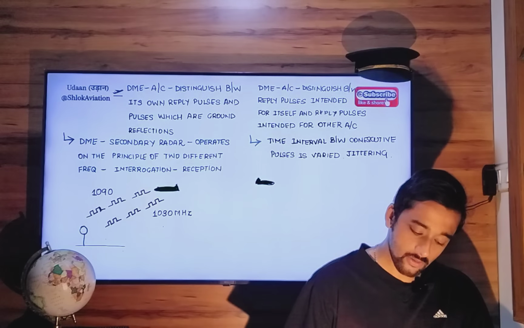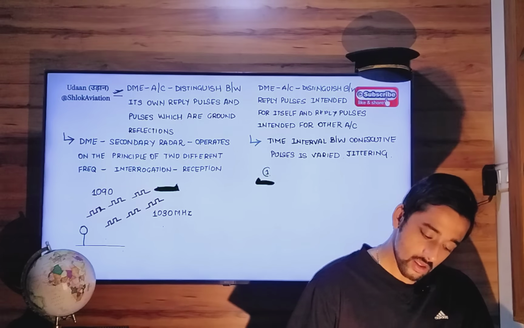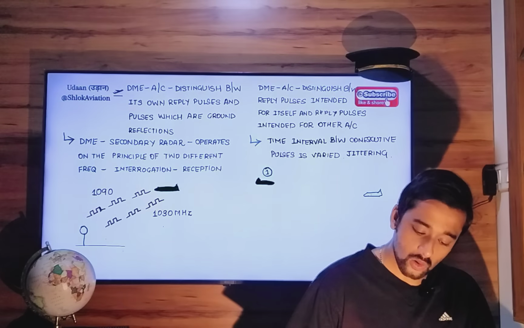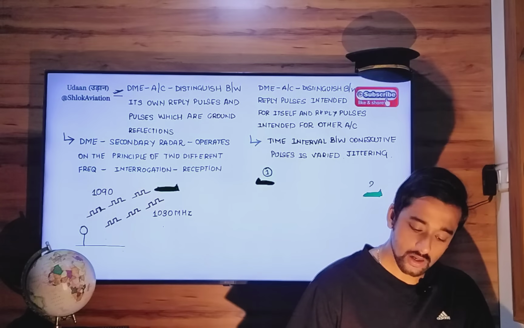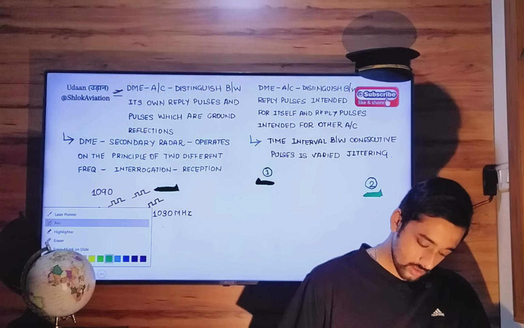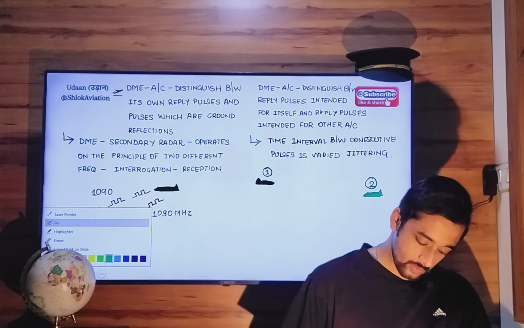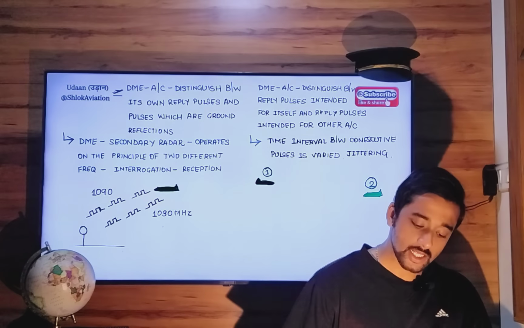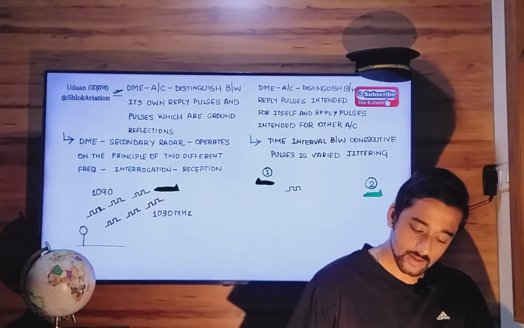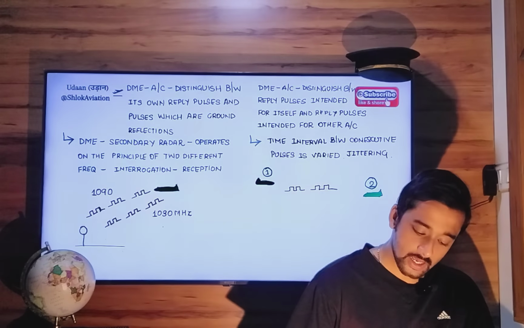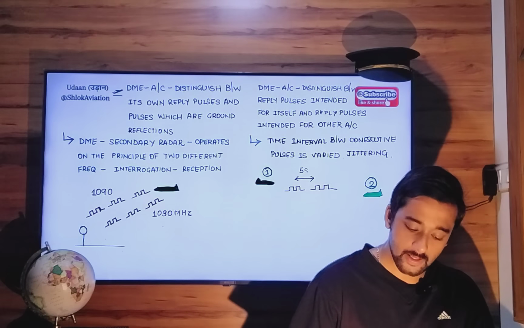So let's say here is aircraft number one, and here is aircraft number two. Aircraft number one transmits pulse pairs to a DME station, and the time difference between the pulse pairs is 5 seconds, for example.